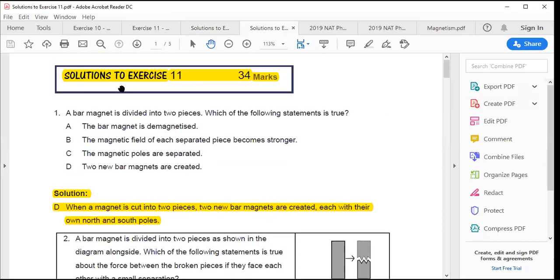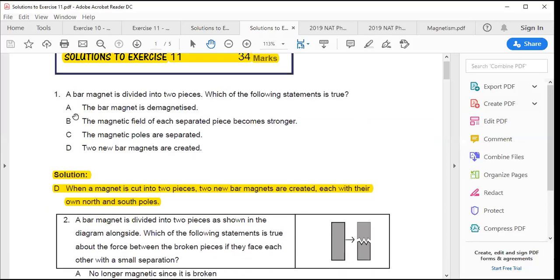Next week we're going to move on to electrostatics, so I'm going to prepare that handout and post it maybe tomorrow. Then on Monday we'll look at electrostatics. For now, I just want to go over this. A bar magnet is divided into 2 pieces. Which one of the following statements is true? The bar magnet is demagnetized.